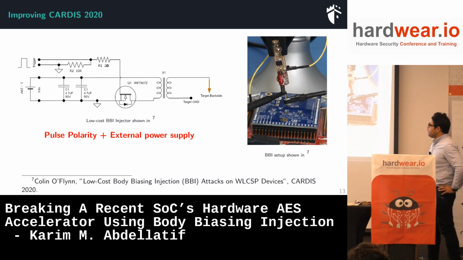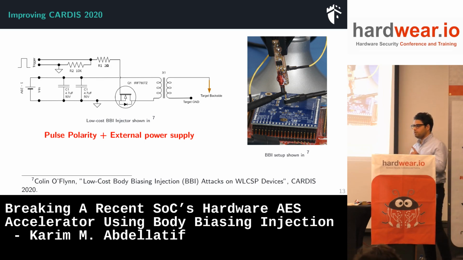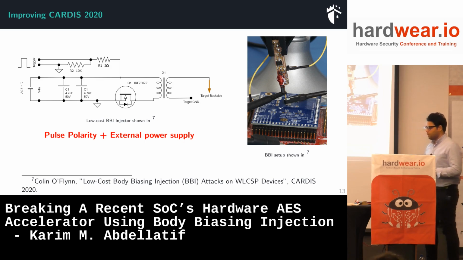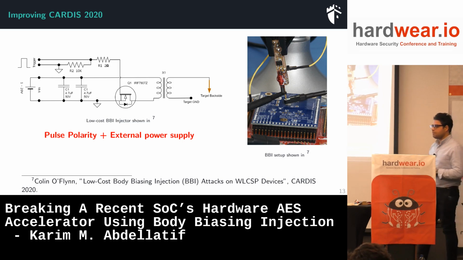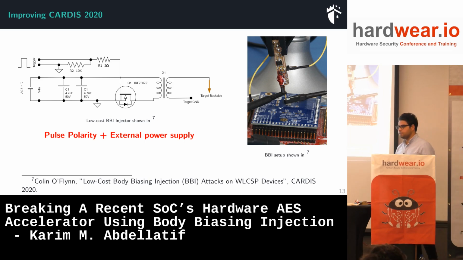While performing fault injection, it's very interesting to have the double polarity. It's very important to have a positive pulse and a negative pulse. Why? Because if you are injecting on the backside, you may need the positive pulse, but if you are injecting on the front side, you need the reverse polarity.